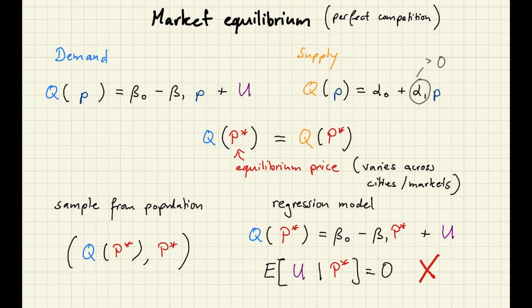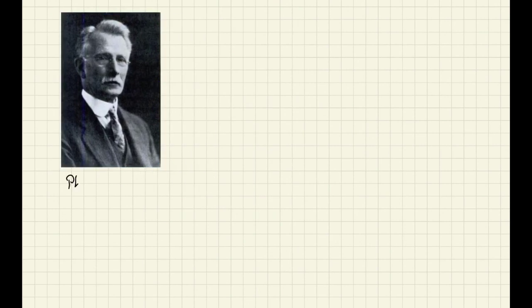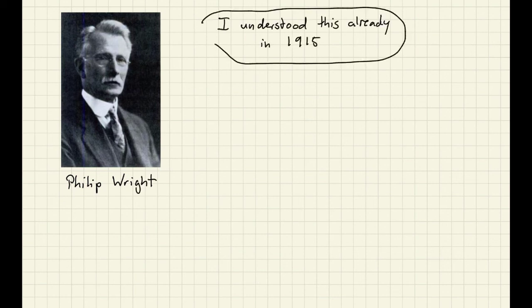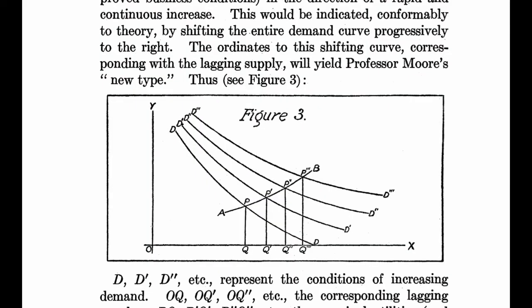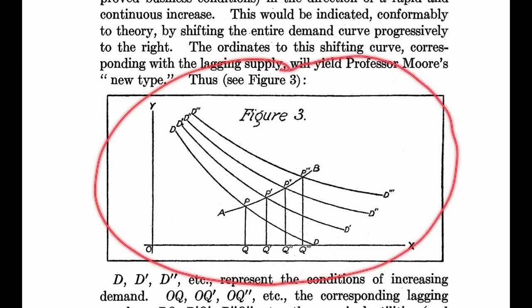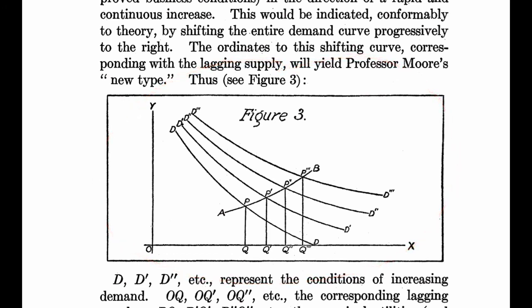The first economist to write about the problem of price endogeneity in competitive markets was Philip Wright. He wrote about this problem already in 1915 in an essay that was published in the Quarterly Journal of Economics. In his essay, you find a graphical analysis that is very similar to the argument that I presented.